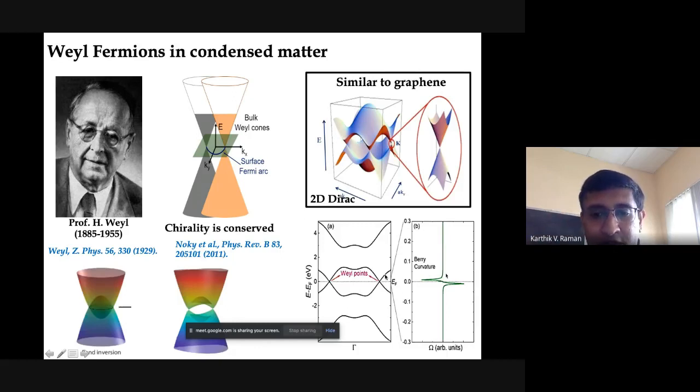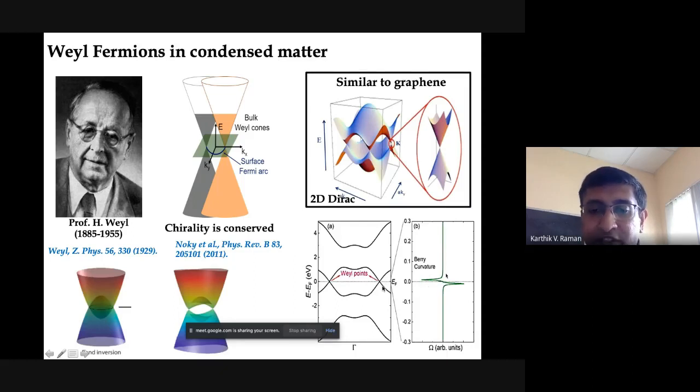And one could essentially do band structure calculations for such materials. We essentially end up seeing band structures like this, where around the Fermi level, especially in this case, you can create Weyl points, which are linearly dispersive bands. And in terms of the Berry phase, that phase that the electron acquires, I mentioned before, which is essentially also similar to Berry curvature, you will see that there is a sharp rise, a changeover in Berry curvature exactly at the Weyl node.